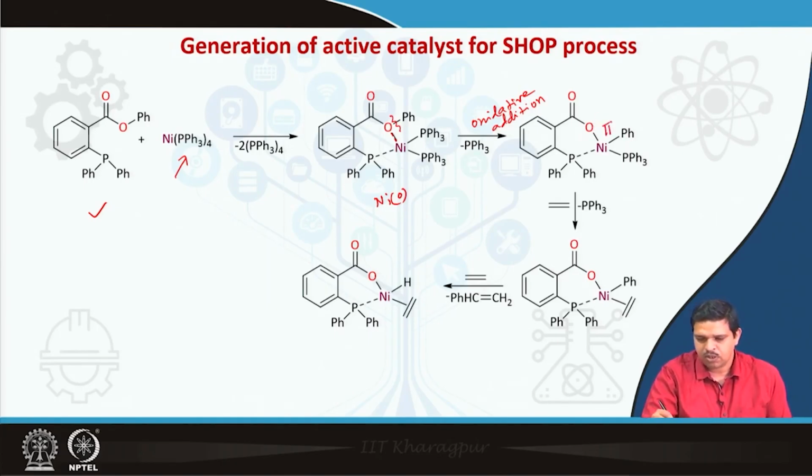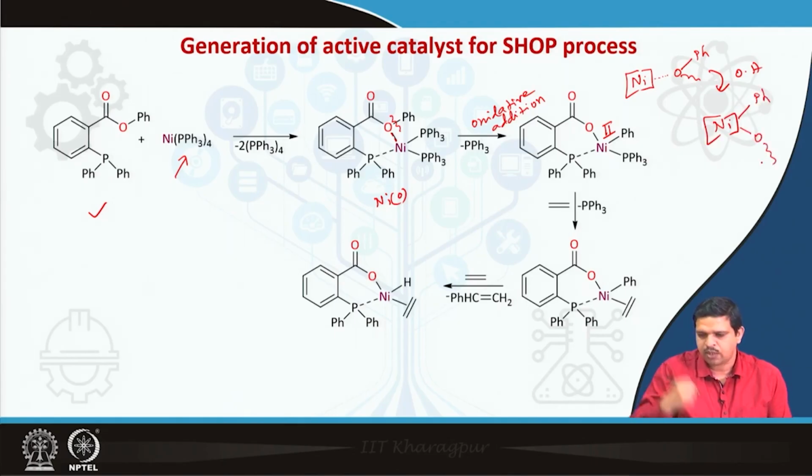So now it is in the +2 oxidation state. So what is happening here? So this is nickel, and it is actually coordinated like that. Now oxidative addition is happening. So here is basically PH and here O, like that. Okay, I hope it is clear now.